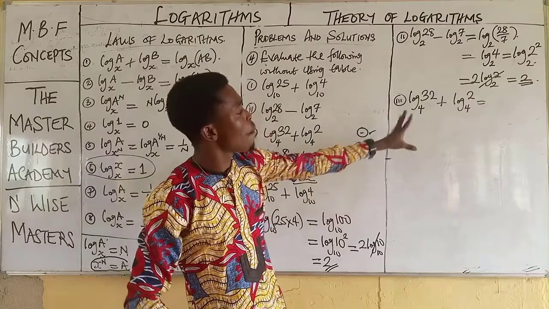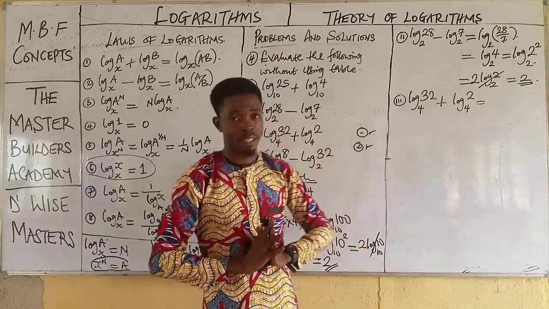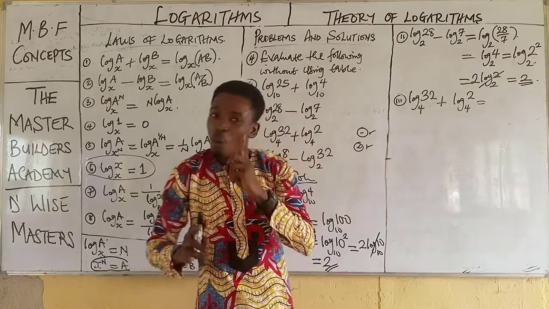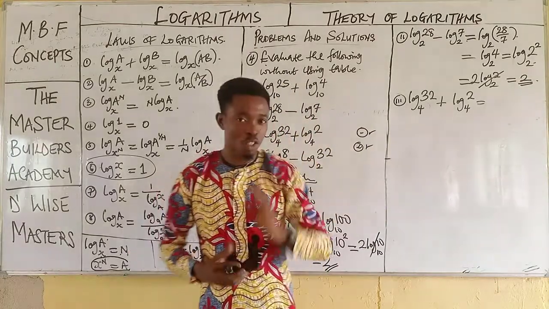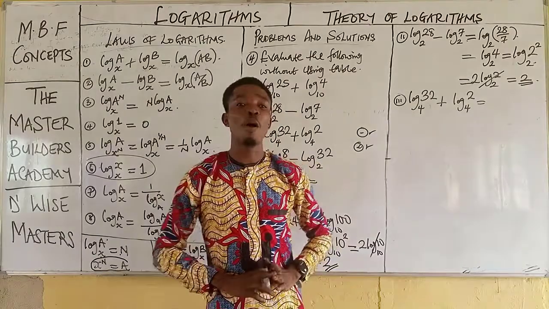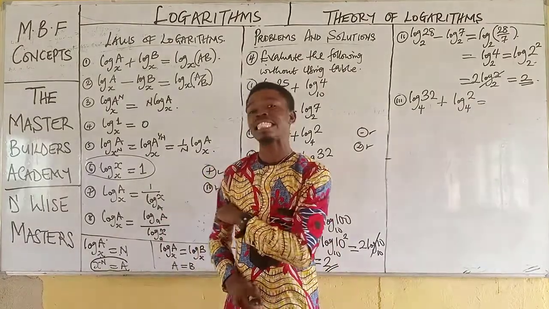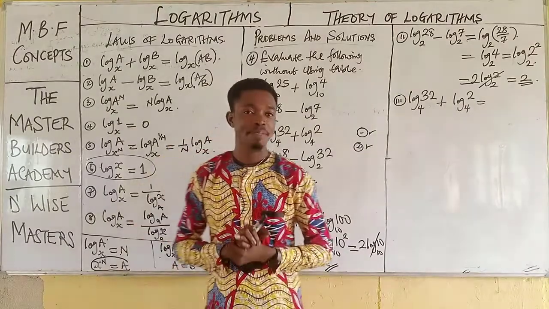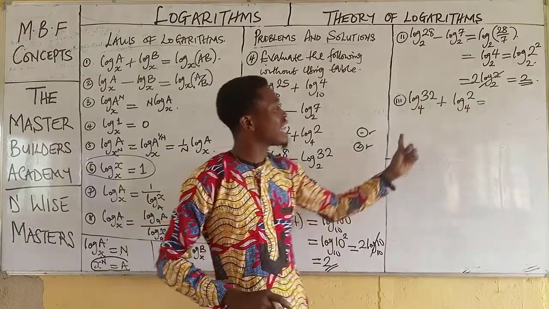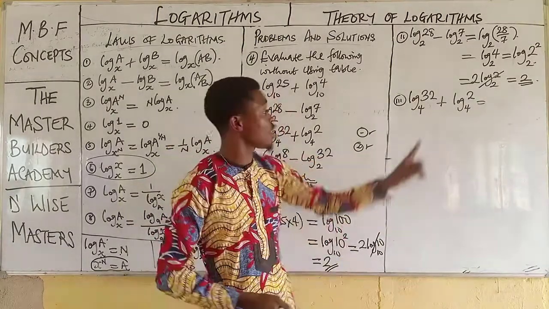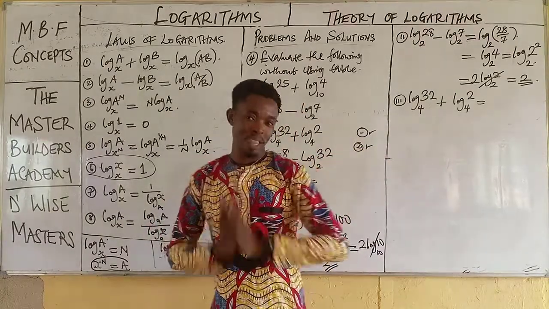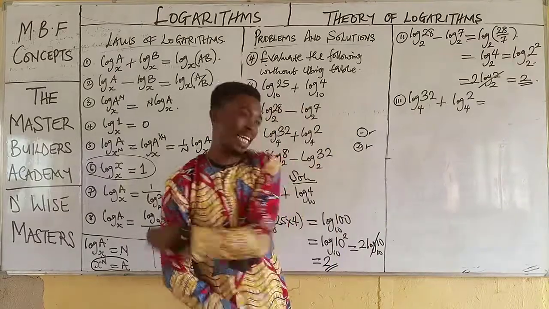Now we have multiple log of numbers which are connected with plus, 1 pass mark, because we need to check the condition to which the first law of logarithm must be applied. So now we have plus here, we already have a pass mark. The number 2 is to check if the bases are equal. Of course, this is base 4, this is equally base 4. Now we have equal base.